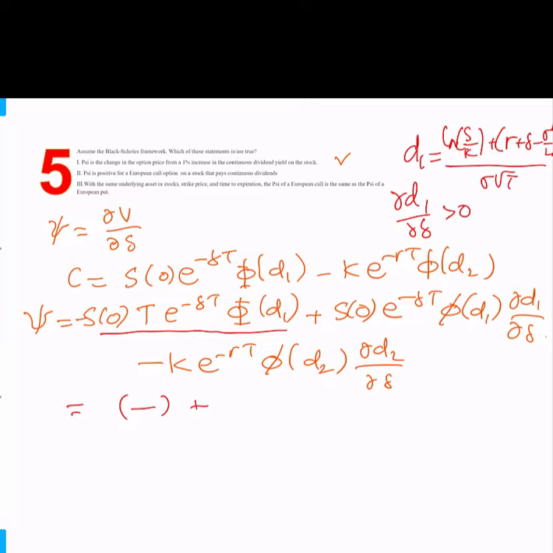And the second term should also be positive. So that means for this one we cannot say whether psi is positive or negative, right?